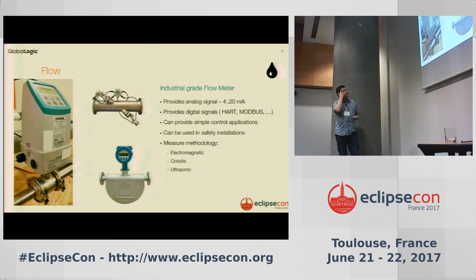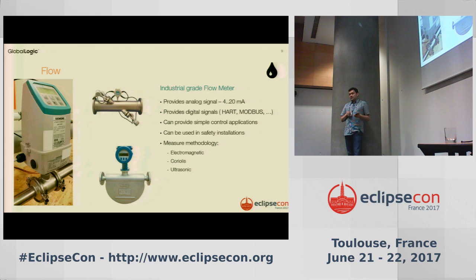Then we have flow sensors. Those are more complicated. We are used to seeing flow sensors in our homes, the simple ones, with a rotor that is turning, and a totalizer that counts how much water we spend.